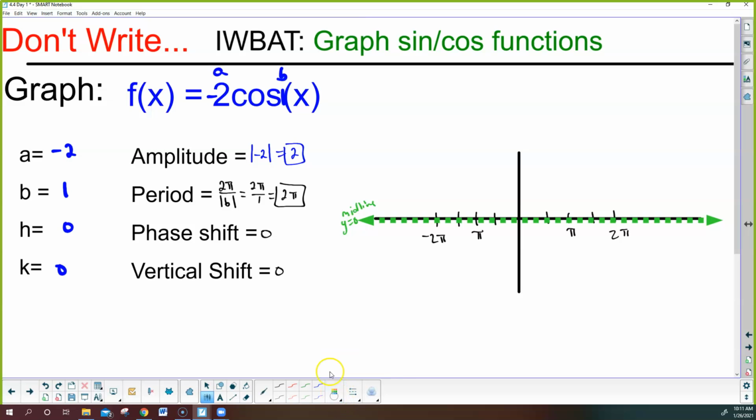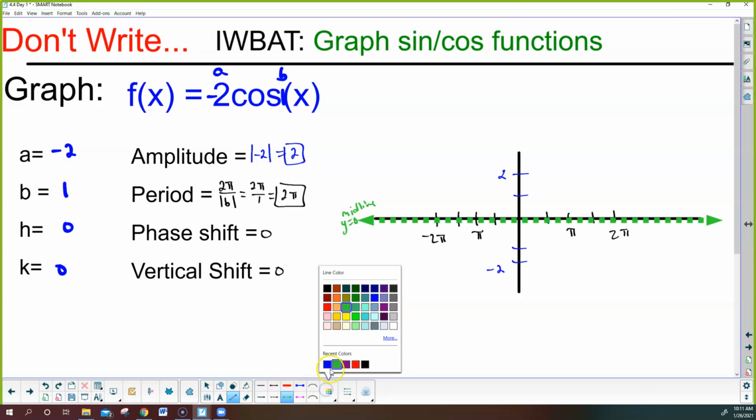Now, what is the maximum? Well, the maximum is the amplitude. That's up to and down to from the midline. So I'm going to go up 2 units. So 1, 2, and down 2. And that would give me then my max and min line.